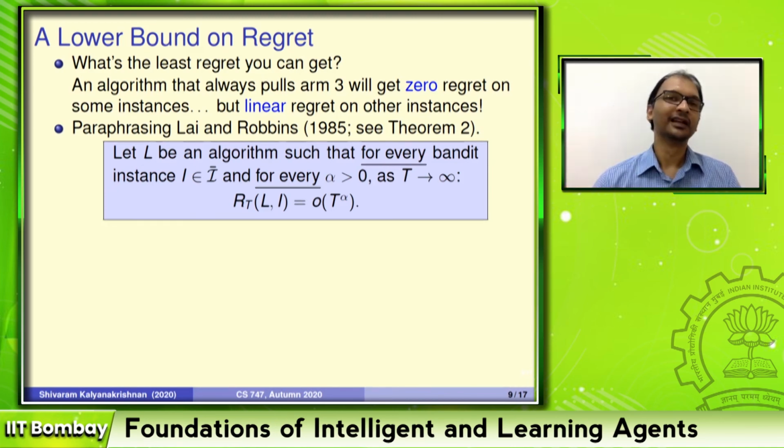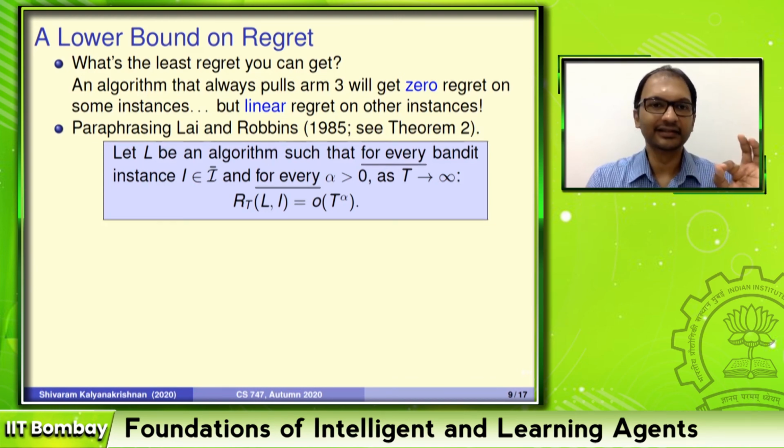Understandably. So here's the first part of the statement. Let capital L be an algorithm which has the property that for every bandit instance in I bar. Remember that I bar was the set of all Bernoulli bandit instances with means between 0 and 1 excluded. You can't have exact 1.